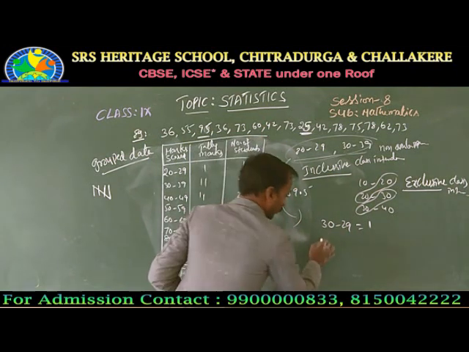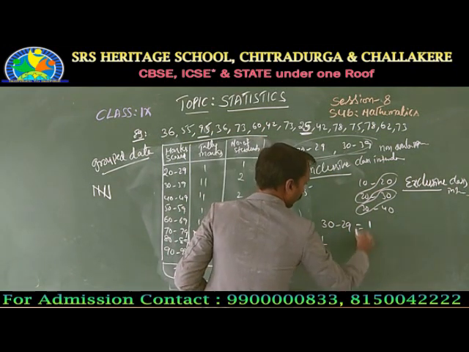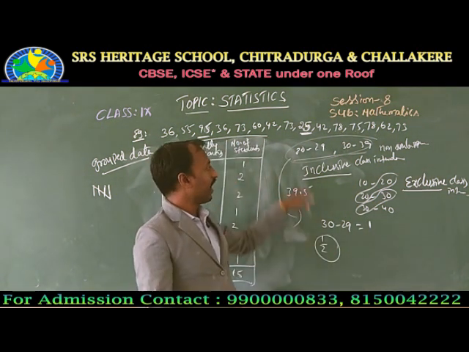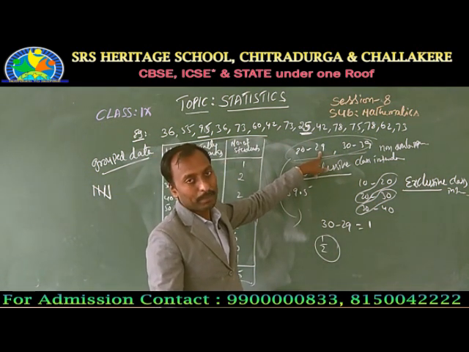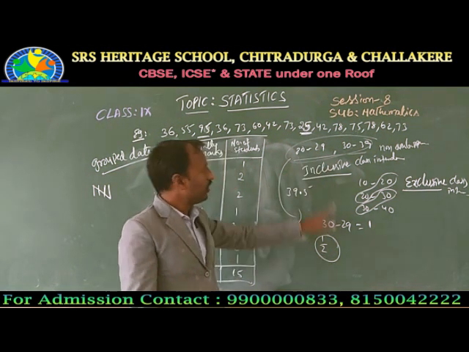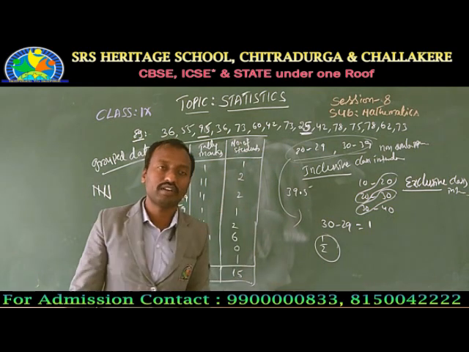Half of the difference of these two. One half is what? Half only. This half is added to the upper limit of a class, and this half is subtracted from the lower limit of the class.